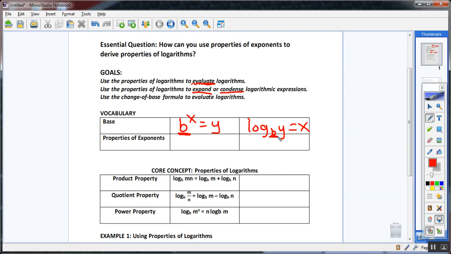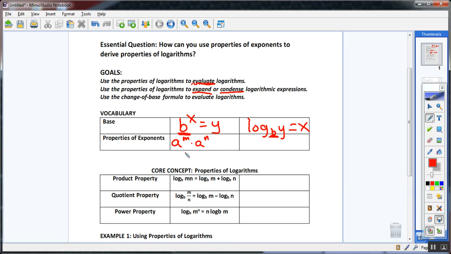Properties of exponents. Okay, listen to what I say about properties of exponents. Not going to go through all of them right here, but if I have, well, I guess I can. A to the m times a to the n. If I'm multiplying like bases, what do you do with exponents? You add them, okay?